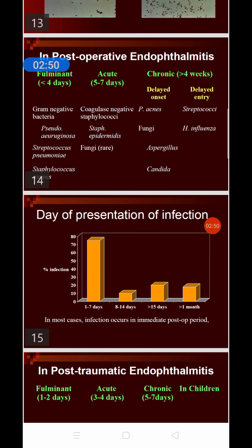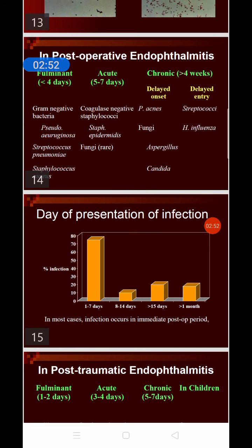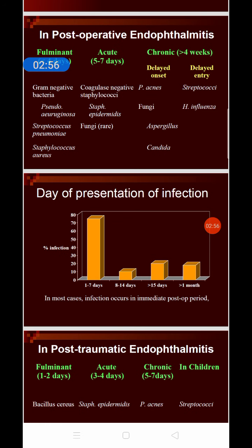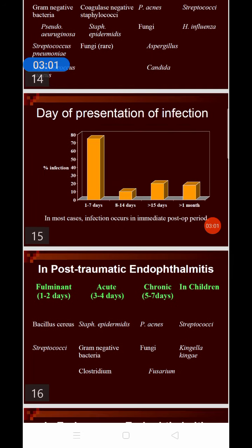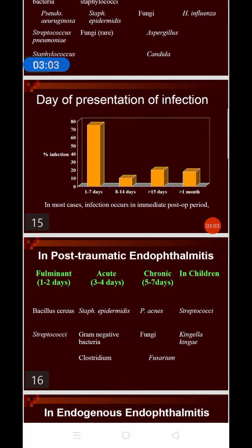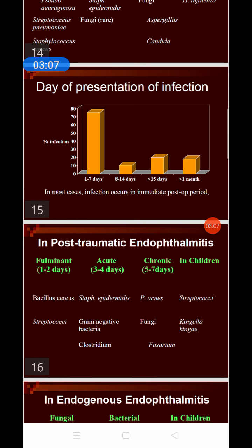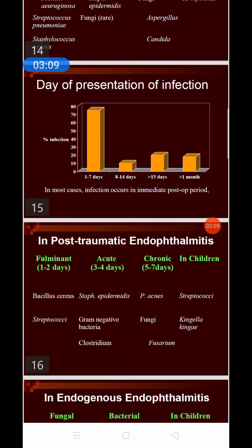In delayed onset, Pseudomonas and streptococci could be the most common organisms you come across. They usually present with infection postoperatively. In most cases, infection occurs in the immediate postoperative period.